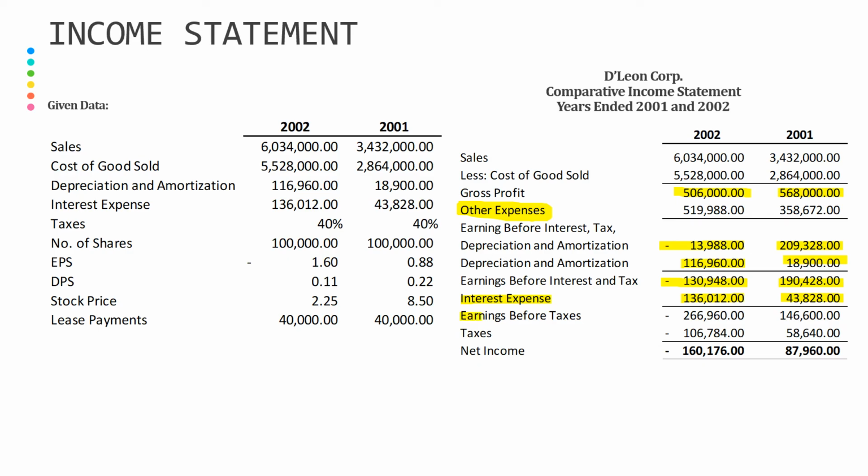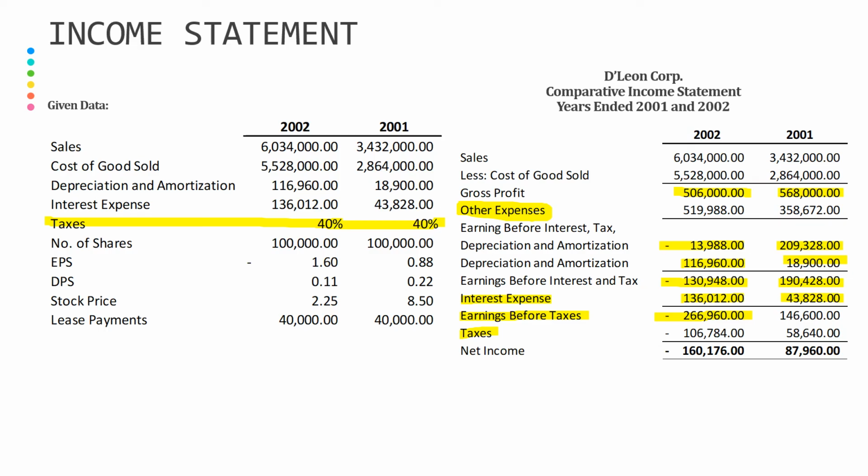Now, we can get the earnings before taxes by deducting the interest expense from the EBIT. So for 2002, we have negative 266,960 and 146,600 for 2001. Now for the taxes, using this data, the company is using 40% tax. So basically, we compute the taxes based on the earnings before tax.